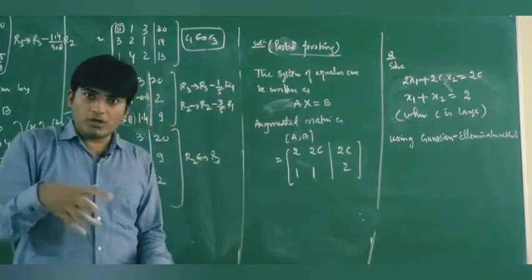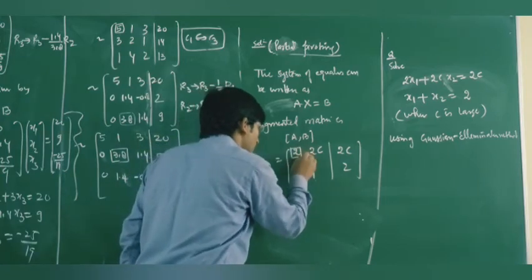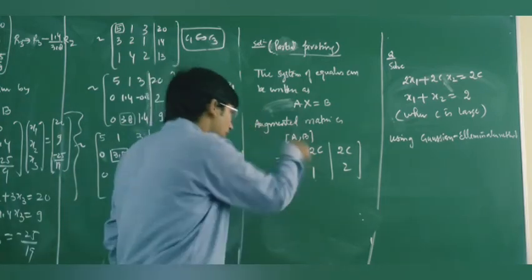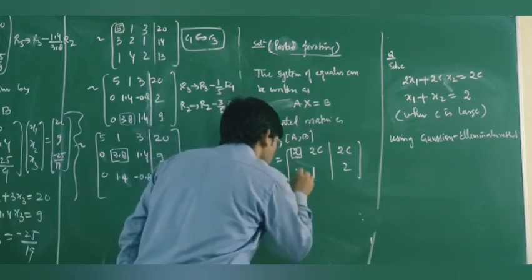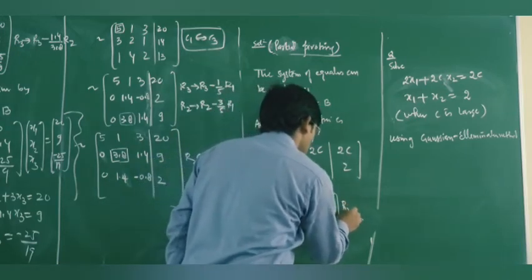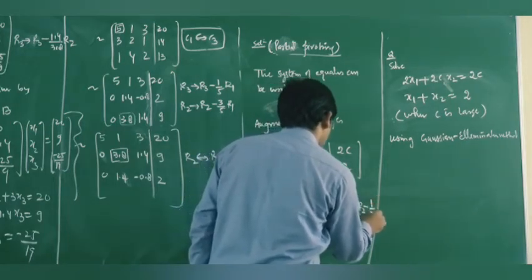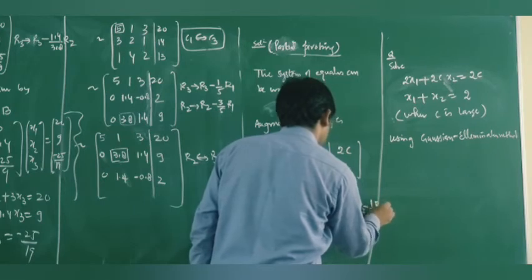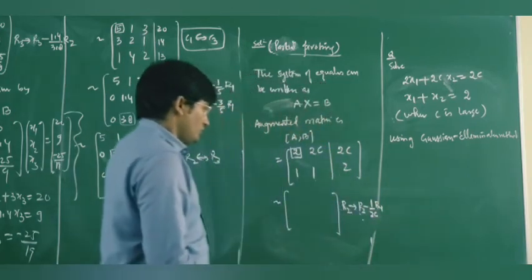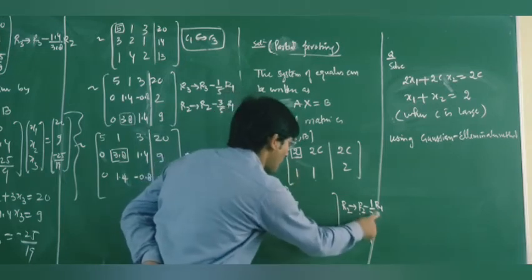As we are using the partial pivoting, in this column our numerically largest value is this 2. With the help of this 2, we will try to make this element 0. So we will use the operation R2 minus 1 by 2 of R1.